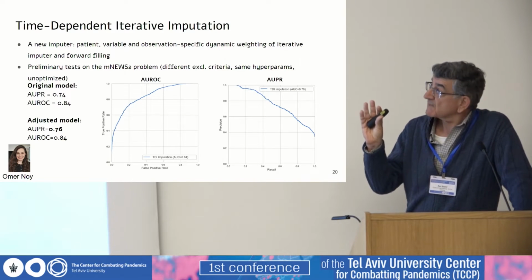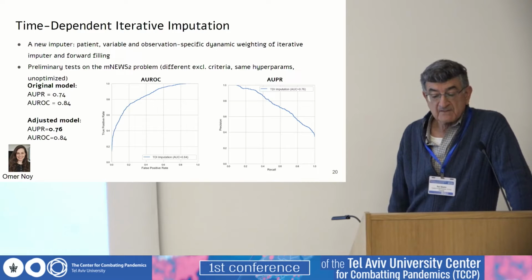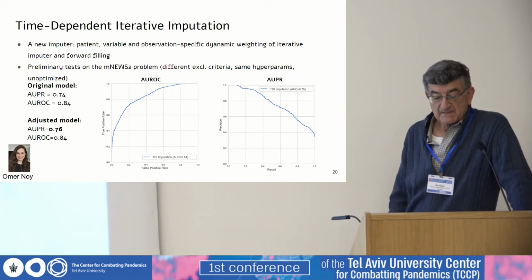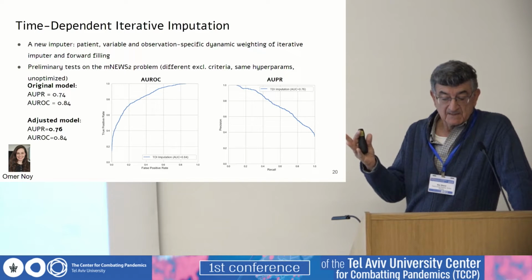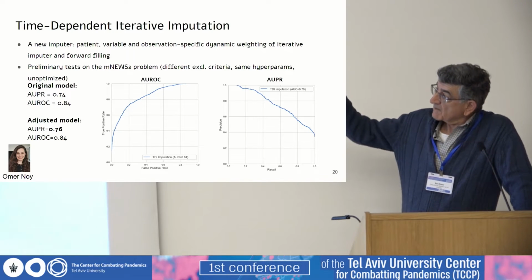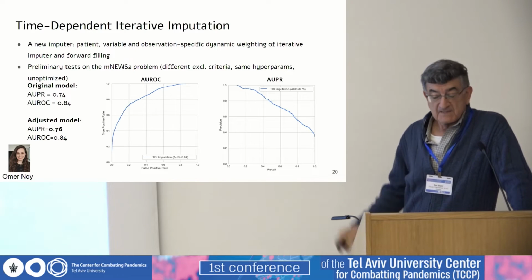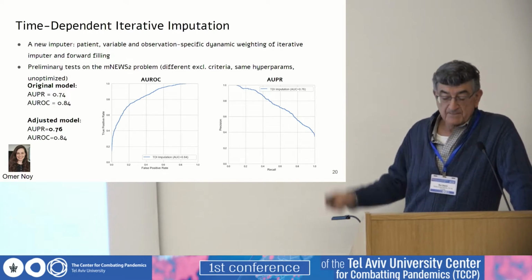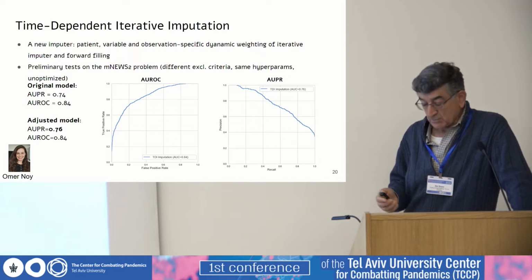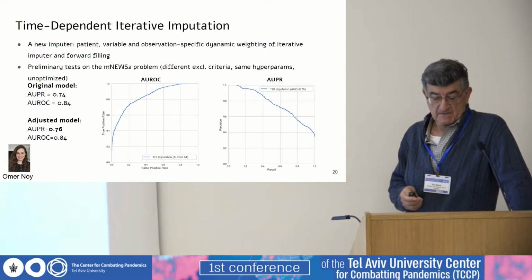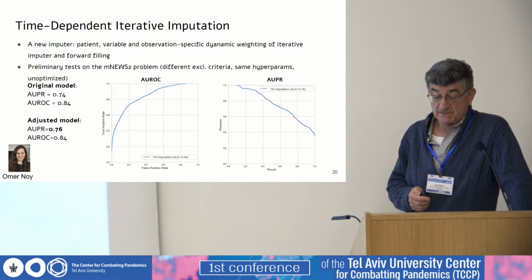I should say that the exclusion criteria are different because now we are able to handle a bit more data. So therefore the data is not exactly the same. On the other hand, we didn't optimize the hyperparameters. So with that optimization, we expect the result to improve even further. So this work is still going. I think it's highly promising.